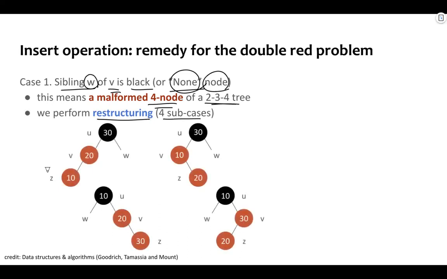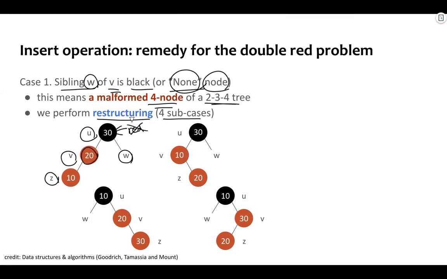So I told you that Z and V are red, red, like this. And the parent of V is black. And the sibling is, because this one was originally red, it cannot be red.